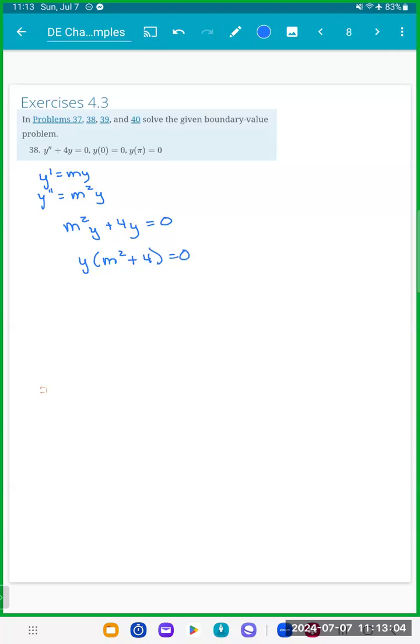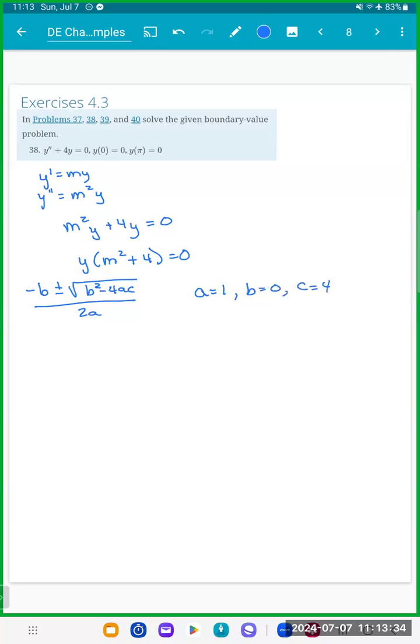So in this one, we can't factor by our simple means of factoring. So we have to use our quadratic formula. Remember, that is negative b plus or minus the square root of b squared minus 4ac, divided by 2a. As a refresher, in this equation, a is equal to 1, b equals 0, and c equals 4.